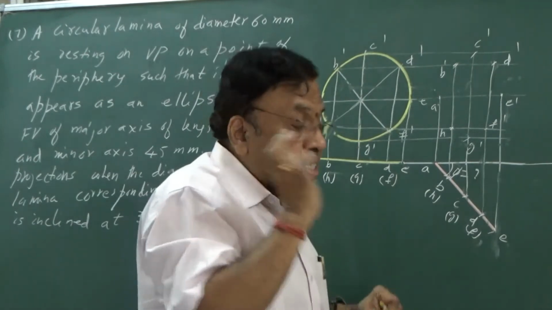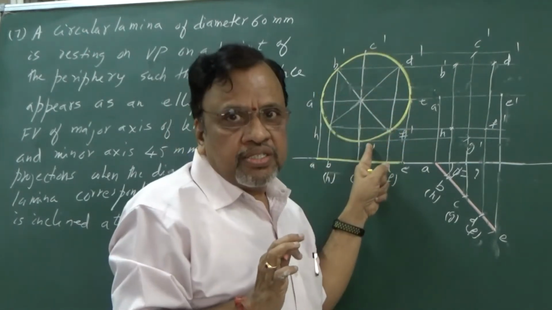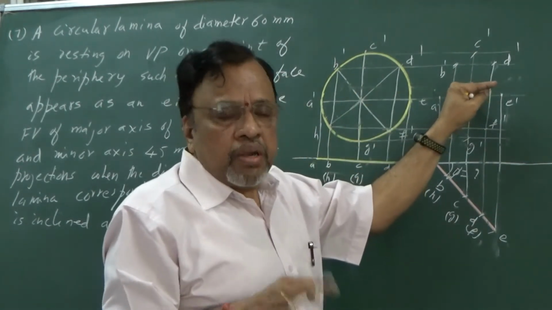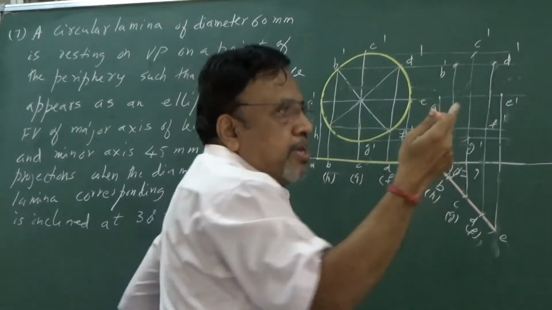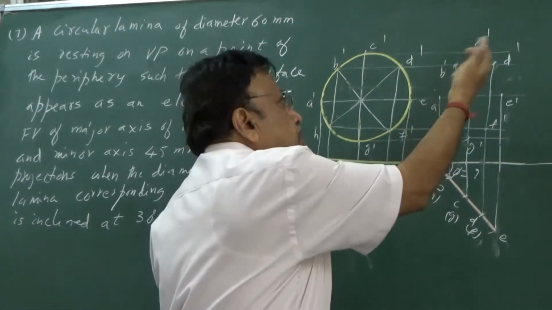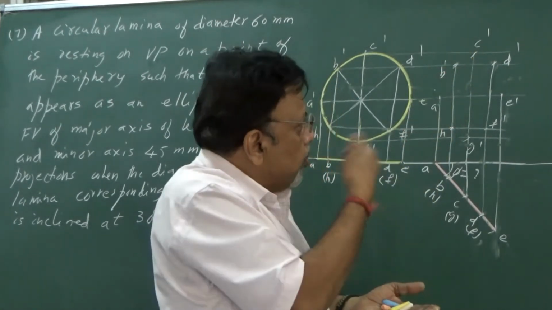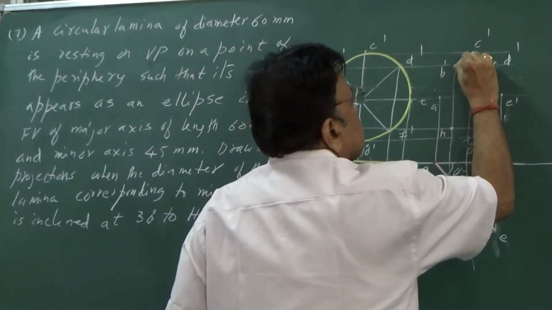That is the reason generally we recommend that students take minimum 12 points. You should not take more also. If you take more also, it becomes so cumbersome. But better you take 12 parts so that between AC I will get 2 more points. So getting 2 more points to get that particular curve, it will be nice, so that you are going to get a smooth curve. Okay. So anyway, let me get this.